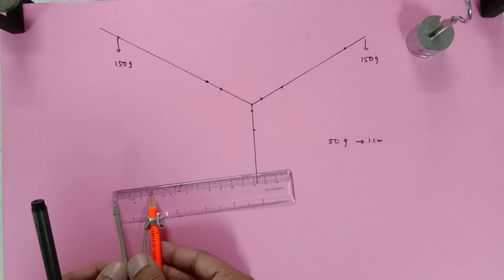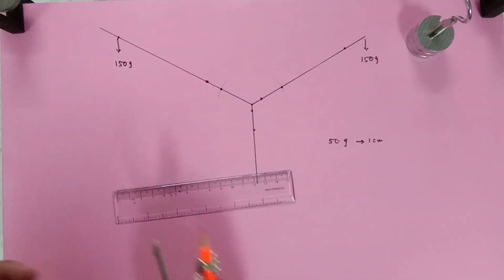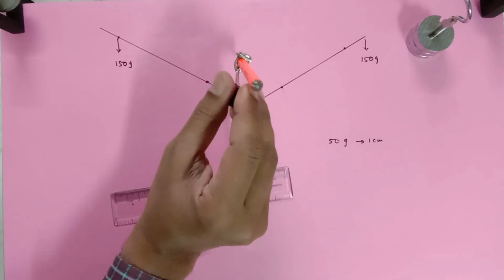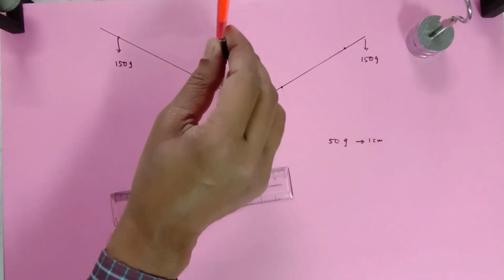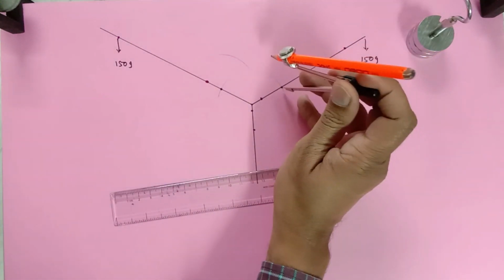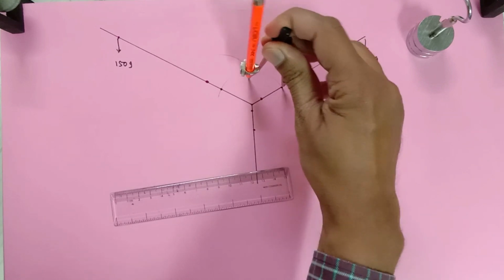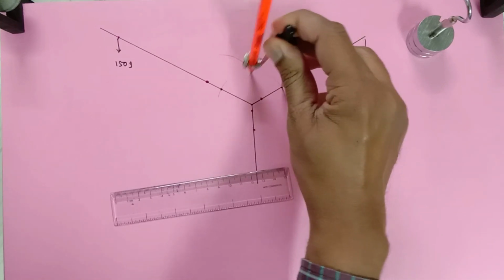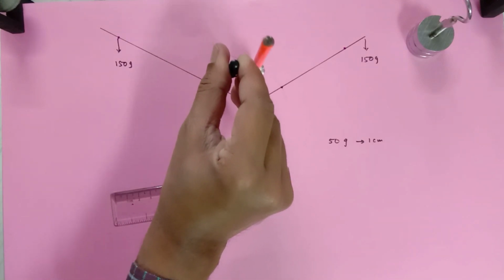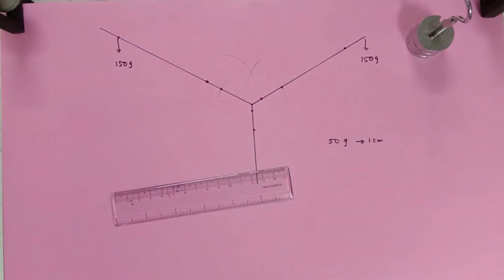So I'll make sure that the 3 centimeter reading has not changed. And by taking 3 centimeters from here, this as the center, I'm going to make an arc. Again this, and taking this, making an arc over here. So this is the point of intersection.